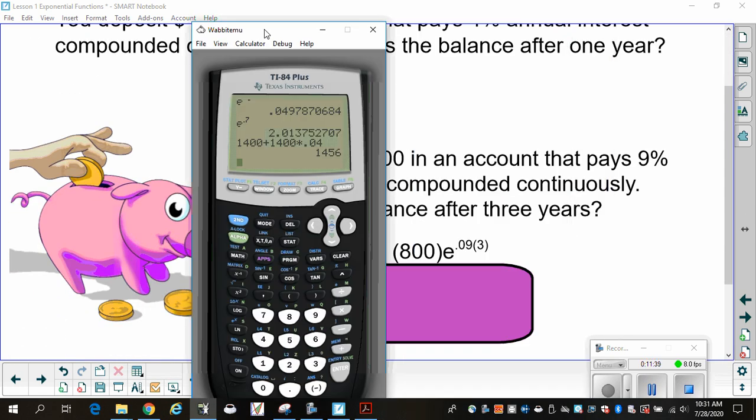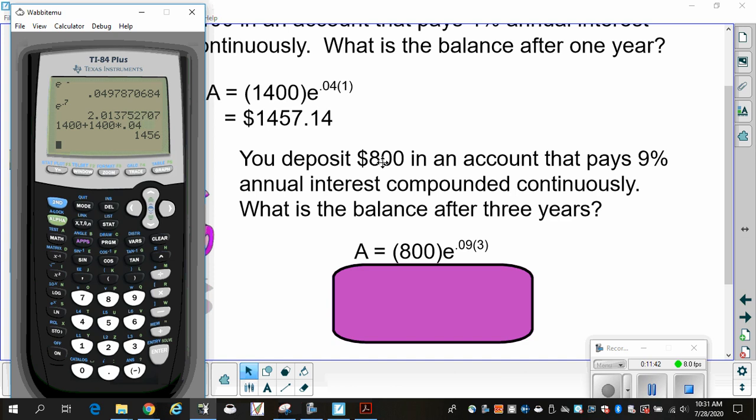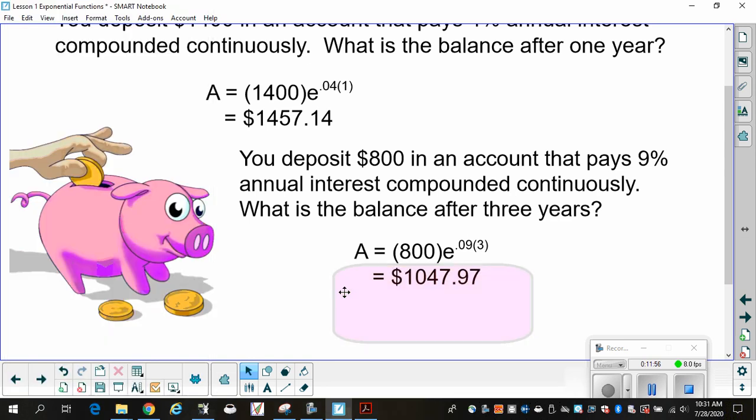Let's try this second one here. You deposit $800 in an account that pays 9% annual interest, compounded continuously. What is the balance after 3 years? Again, here's your original deposit, your annual interest rate as a decimal, and the number of years. You wind up with $1,047.97.